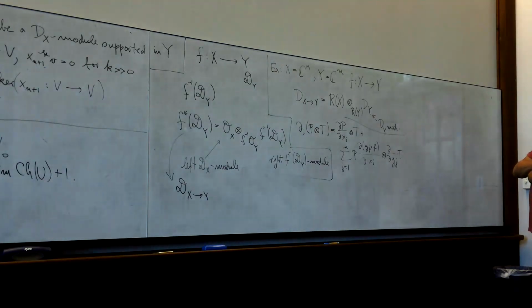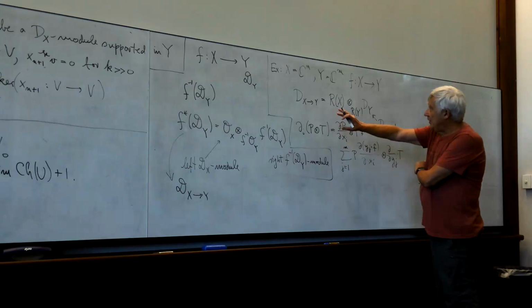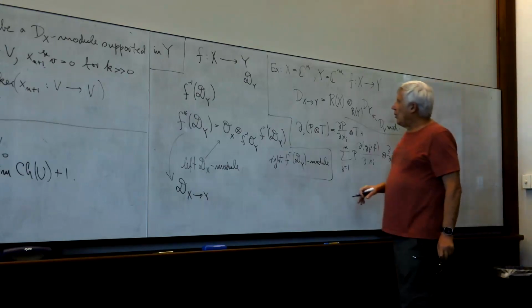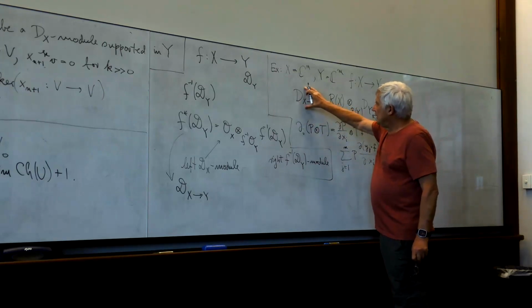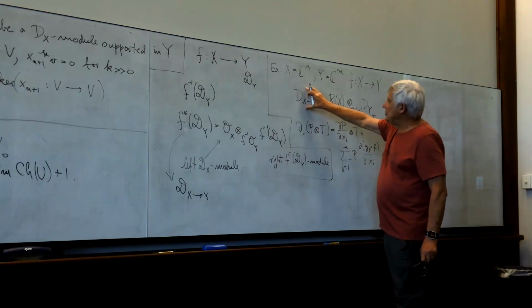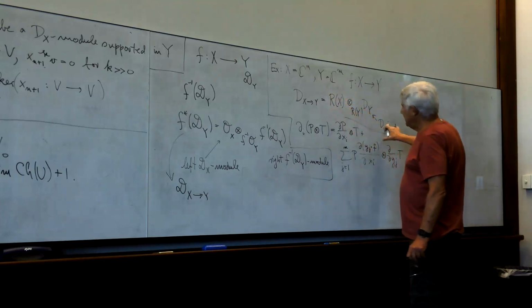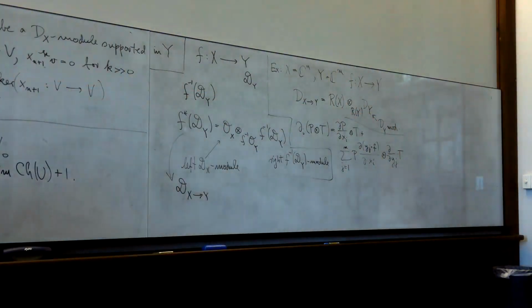More carefully, one can see that the image of the action of D_X is just all the differential endomorphisms of this O_X-module which commute with the right action required. So this can be done in general.